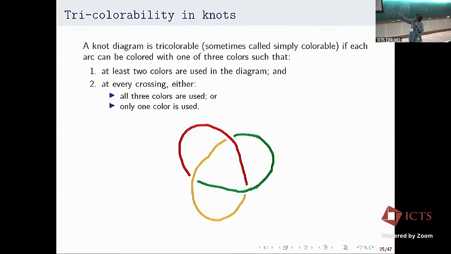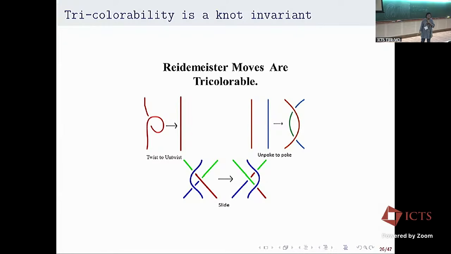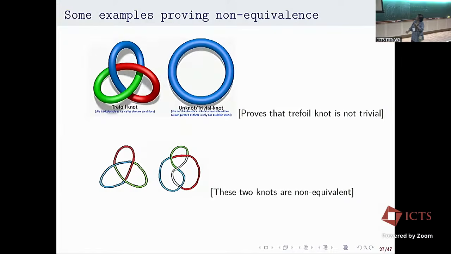So here you see that we are using three colors, and at every crossing, three colors are used. Such a diagram we'll call a tricolorable diagram. And tricolorability turns out to be an invariant. It's been verified that it's invariant under all three Reidemeister moves, and that can be used to prove that the trefoil, the three crossing knot, and the unknot are not equivalent.